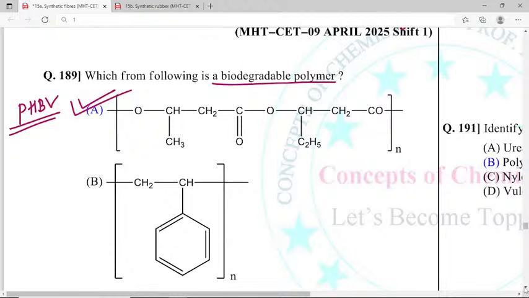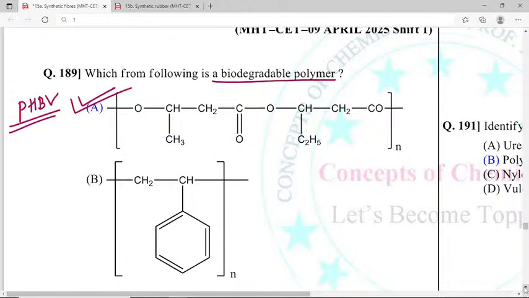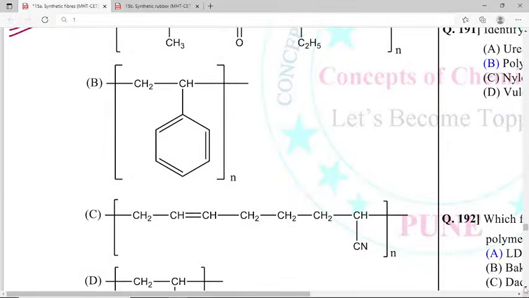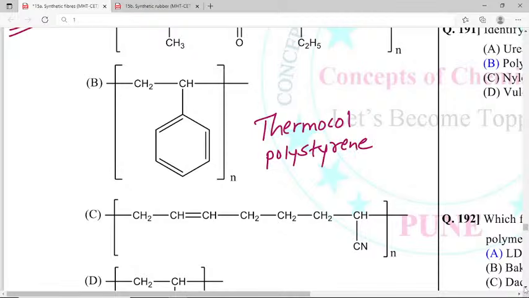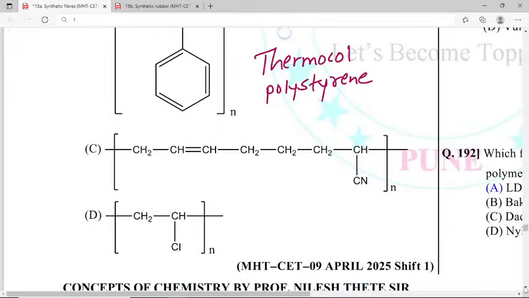And this is the formula for thermocol, also called polystyrene. This is a formula for Buna-N, and this is the formula for PVC.